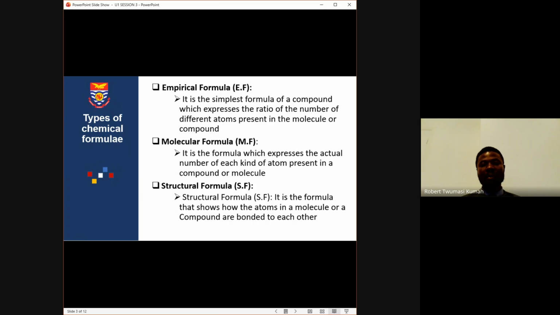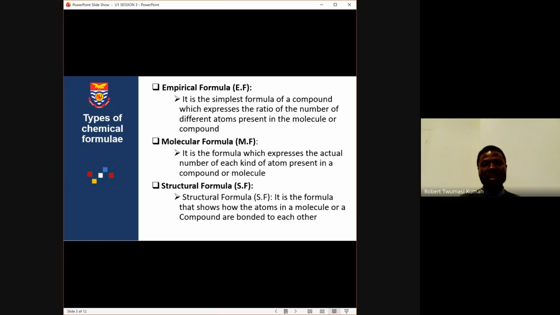The empirical is the simplest formula of a compound, which expresses the ratio of the number of different atoms present in the molecule or compound, whilst the molecular formula expresses the actual number of each kind of atom present in a compound or a molecule. The structural formula, on the other hand, tells us how the atoms in the molecule are bonded to each other.